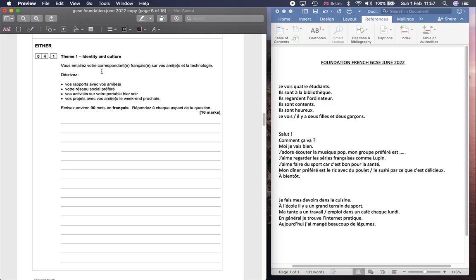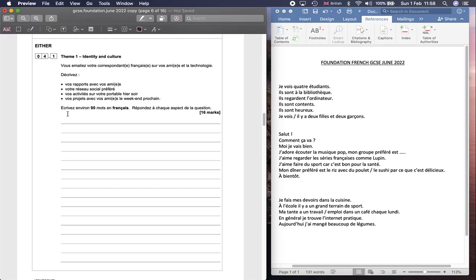Alors, you are emailing your correspondent about your friends and technology, and they ask you to mention your relationship with your friends, vos rapports avec vos amis, votre réseau social préféré, your favorite social media, vos activités sur votre portable hier soir, what have you done on your phone, what kind of activities last night, vos projets avec vos amis le week-end prochain, what will you be doing with your friends next weekend.